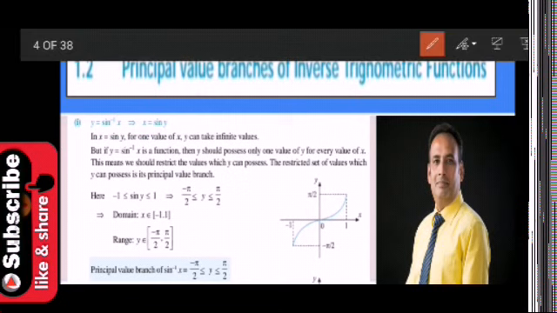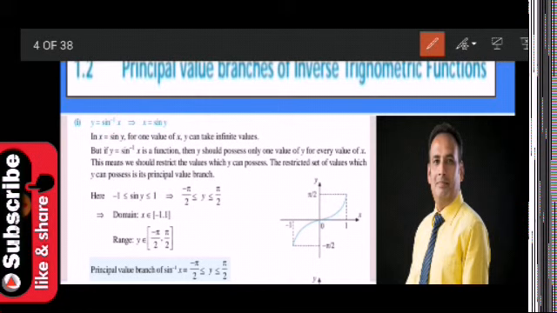So let's see, y equals sin inverse x, we can say x equals sin y. In x equals sin y, for one value of x, y can take infinite values, correct? Because the graph will be the inverse curve.